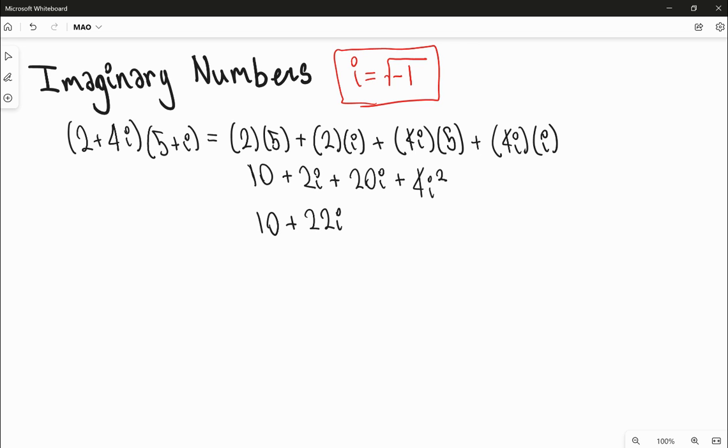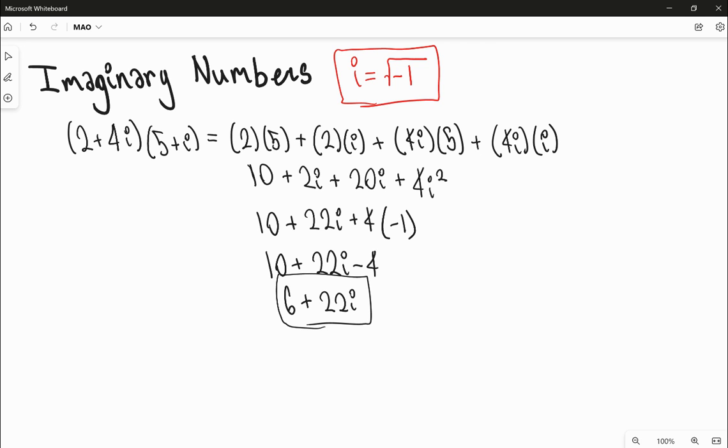Again, you treat it like a variable. Plus 4, and then we know i squared is -1. I'm not going to go through all of that again. And then you get 10 plus 22i, and then 4 times -1 is just -4. But you can take this -4, and 10 minus 4 is 6, plus 22i, and that's already in convention, so we are good to go.